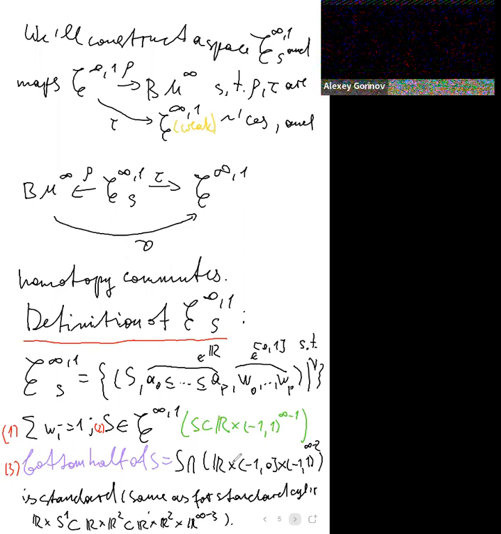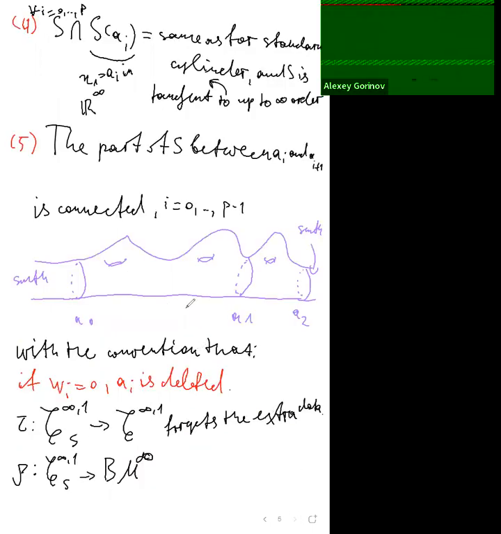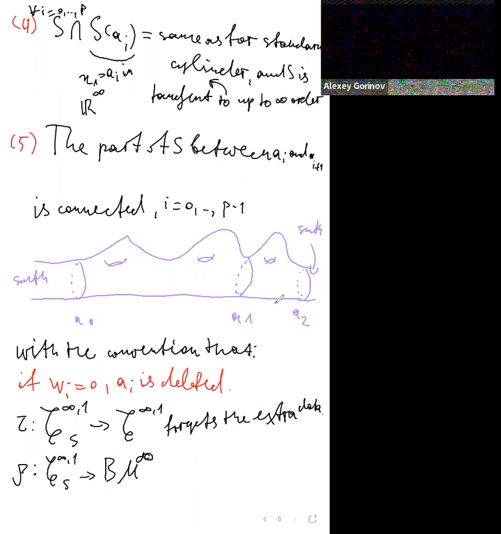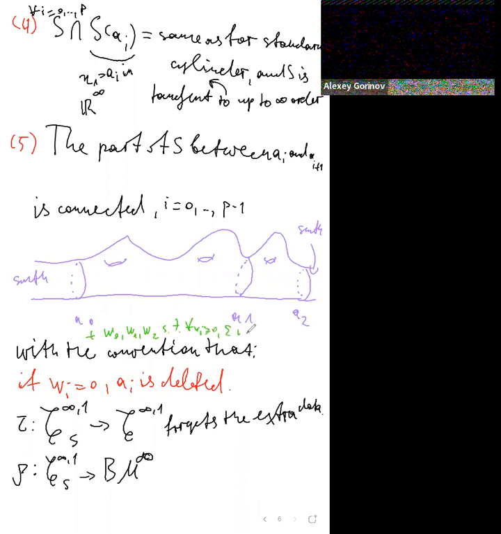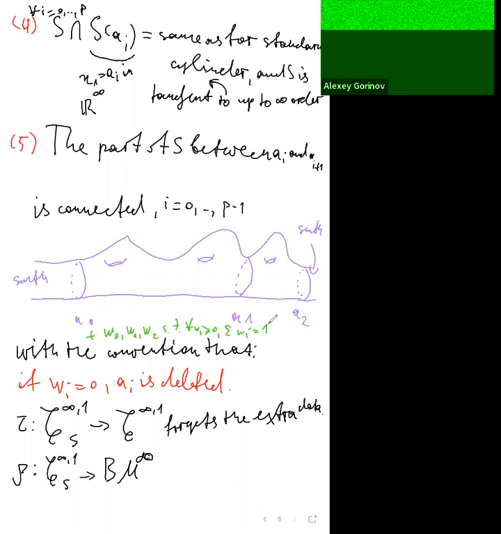So, for example, in this example, we have A0, A1, A2, and we also have three numbers which are inside 0, 1, and which add up to 1.